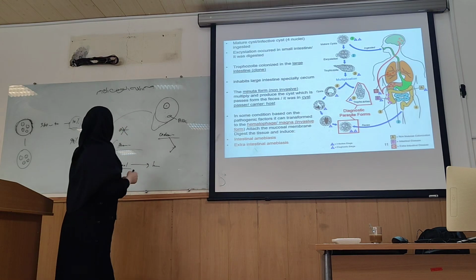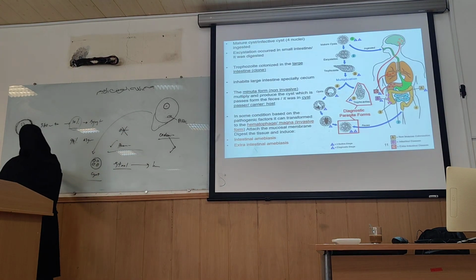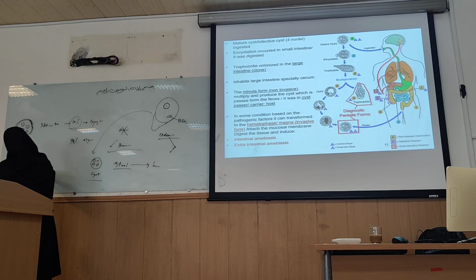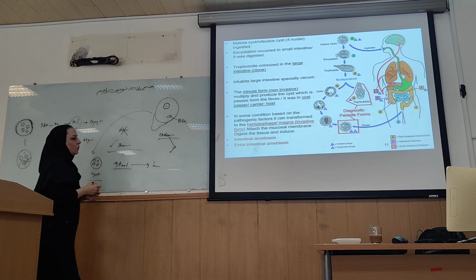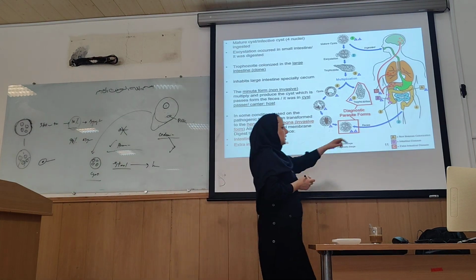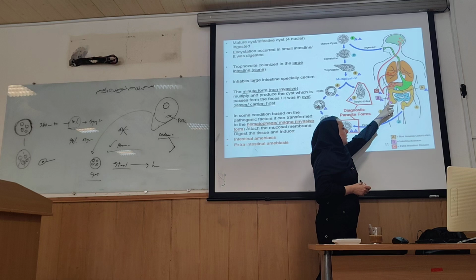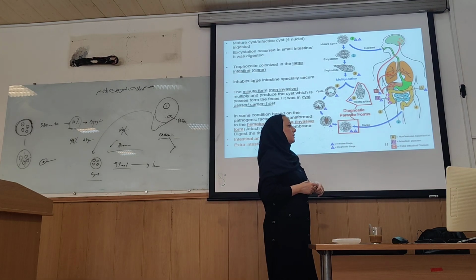The trophozoites come out from the cyst, and after that, the cytoplasts also multiply, and the trophozoites come out. The trophozoites go to the colon or large intestine. In the large intestine, they multiply.